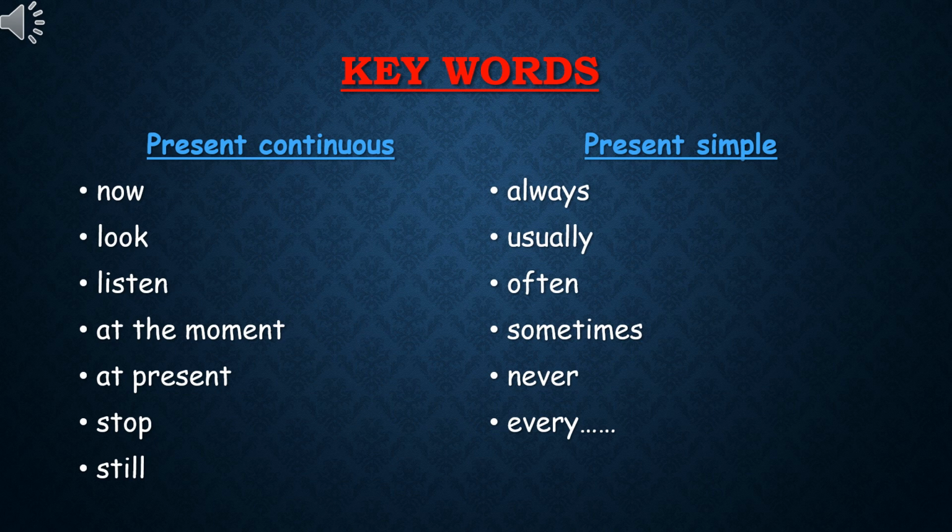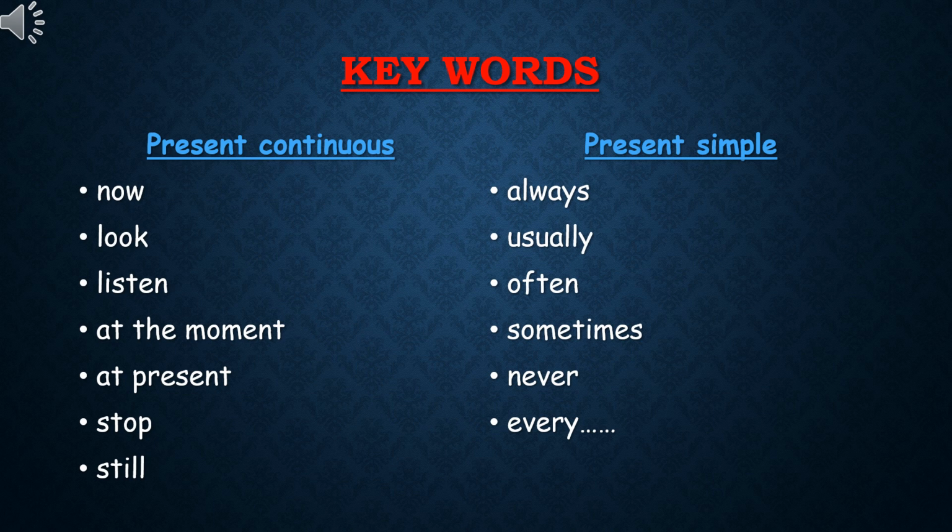For the present continuous tense, the most important ones are now, look, listen, at the moment, at present, stop and still. Repeat after me. Now, look, listen, at the moment, at present, stop and still. If you find one of those keywords, you will use the present continuous tense.